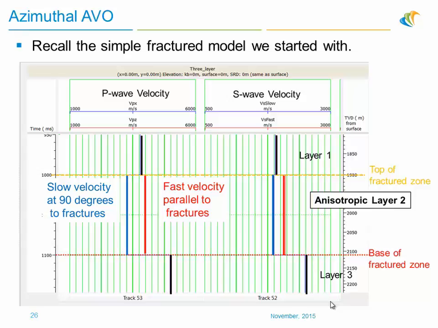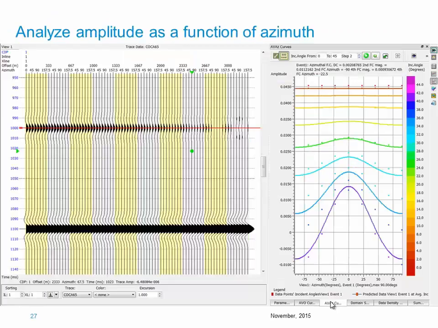And we're going to look at the interface going from the isotropic to the anisotropic media. And we'll do our analysis right at the top of the zone of interest. When we look at amplitudes here, it's quite subtle to actually see this unless you actually plot it. Again, we're looking at reflectivity, or amplitude, as a function of azimuth, and we have it color-coded, so we're looking at data from different incident angles.